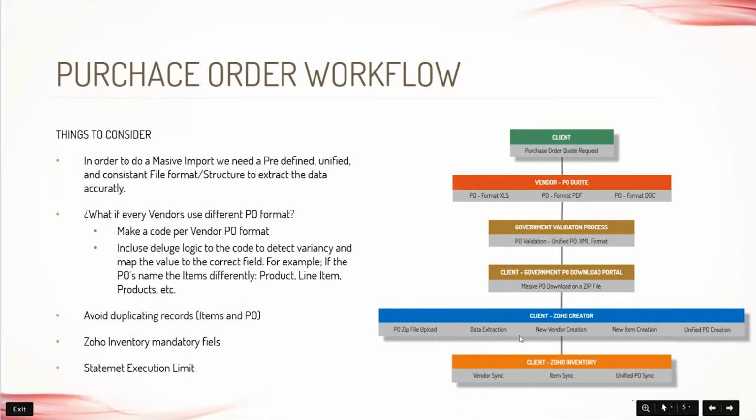We created the vendors, created the items, and also we got a unified PO that we can use, even though we're talking about hundreds of invoices and maybe dozens of providers, right? And also we proved how we can sync our apps with the ID. This is a key thing we need to know, so that we can have a unique value from inventory and a unique value from Creator, so they can talk to each other.